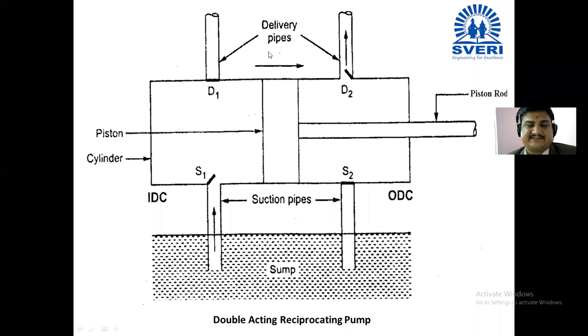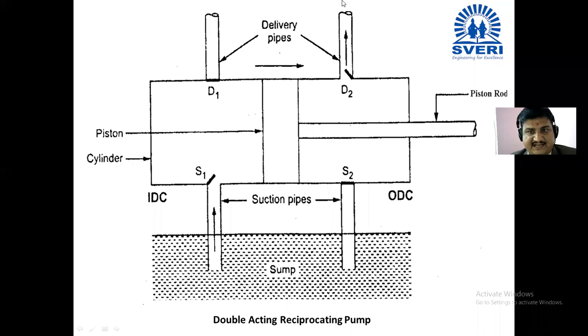So in the last lecture, we saw the construction of the double acting reciprocating pump. As its name suggests, the basic difference between a single acting and a double acting reciprocating pump is that here you can see there are two suction pipes and two delivery pipes.